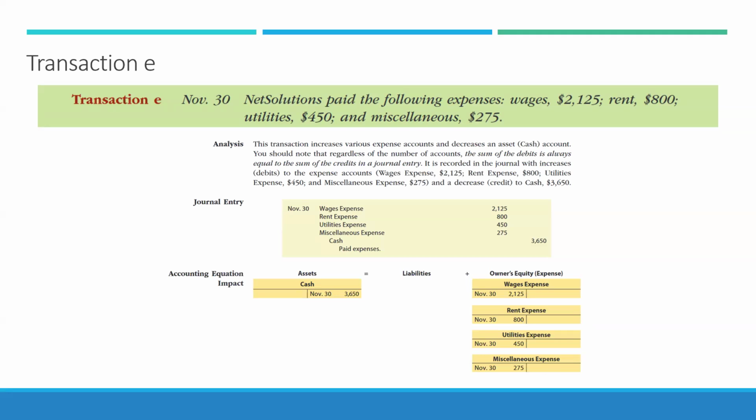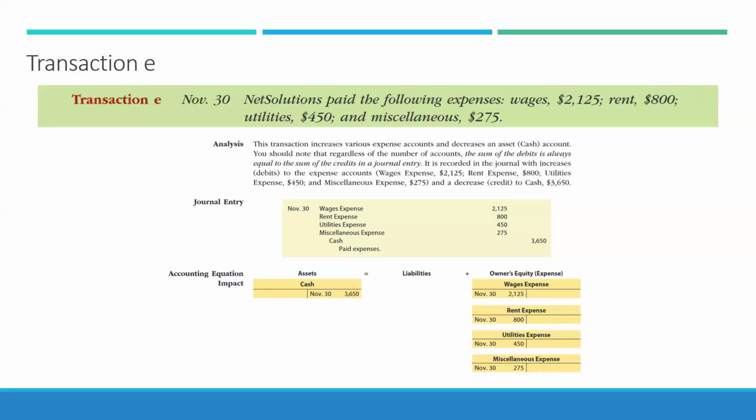Okay? Still easy though. We paid wages of $2,125, rent of $800, utilities of $450, and miscellaneous of $275. Okay? So if we add all those up, it's $3,650.